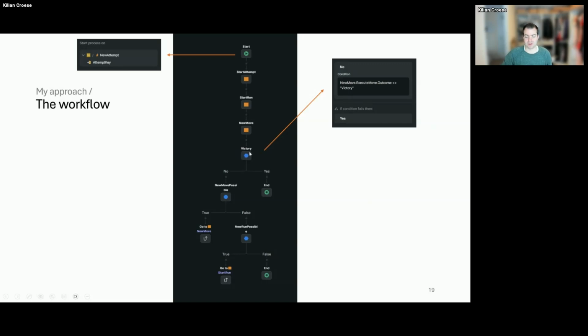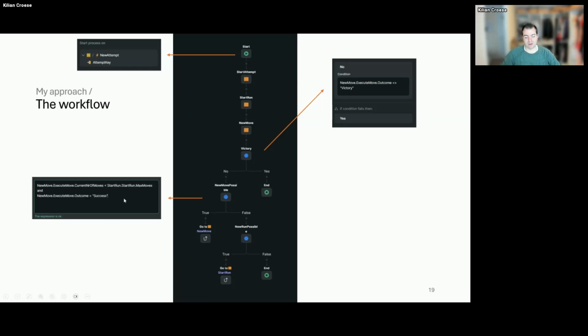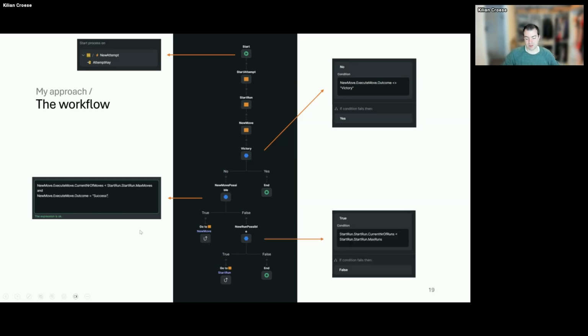So this is my test. Hey, have I completed the game? Yes or no? If I did, we were done. If not, we would be looking whether we could make another move. So did we exceed the maximum number of moves that were allowed? If we did exceed it, we would check if we could start a new run, and then we would loop back to the start run node.